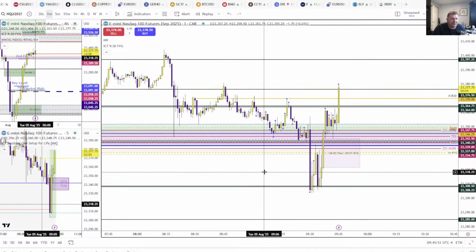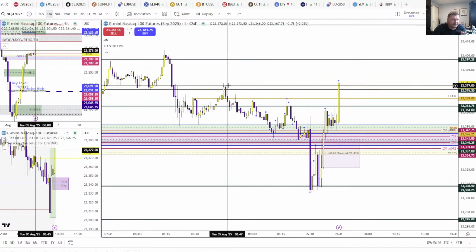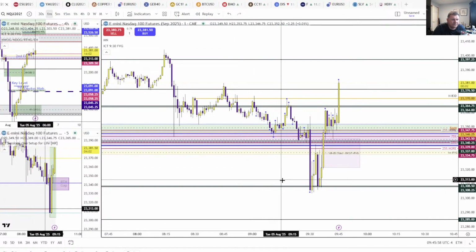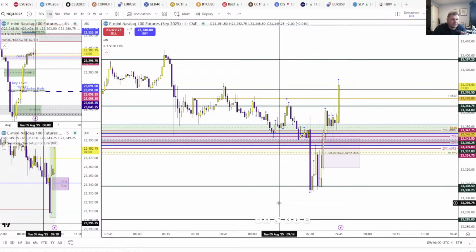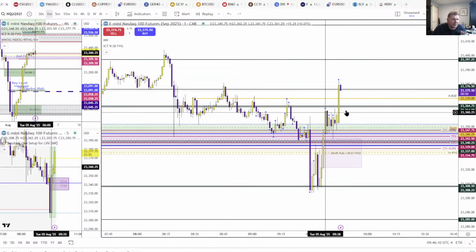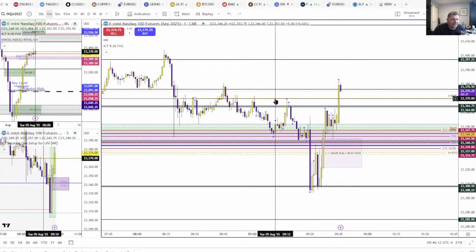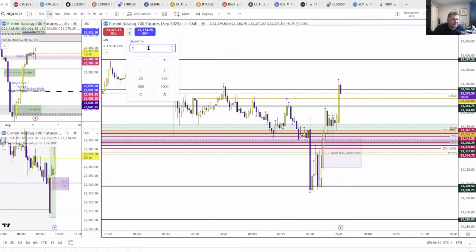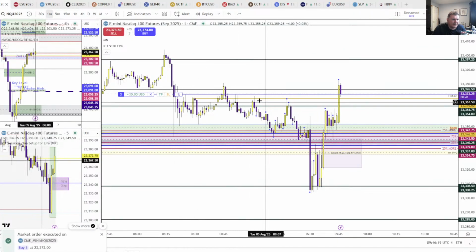Well, we asked for a big bold candle, but you got one right there. Okay, I find support at 830 now. Take a long off these highs.